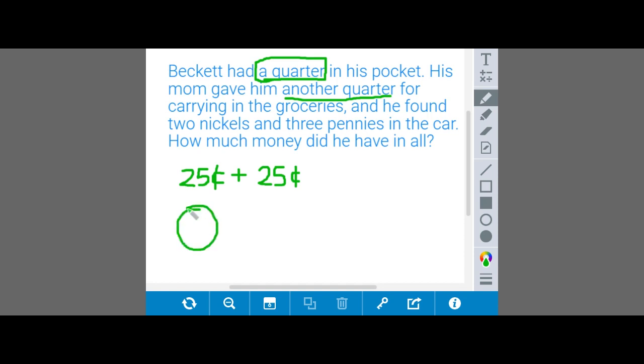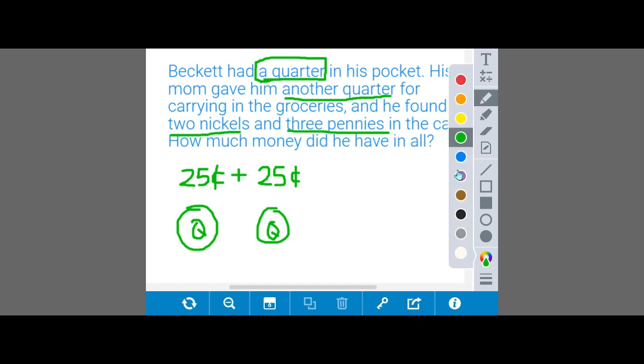Often I also teach my own students to put a Q inside a circle to represent the quarters. So we can also do that down here. And let's see what else Beckett got. Well, he got another quarter for carrying the groceries. There's his second one.